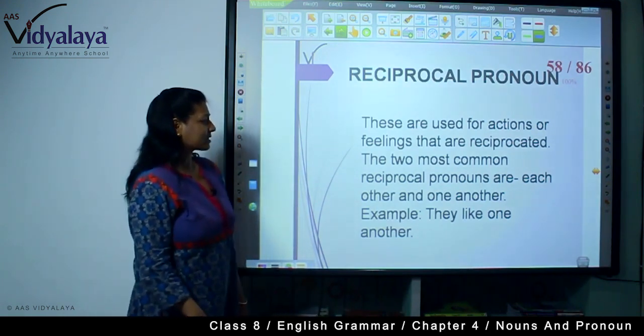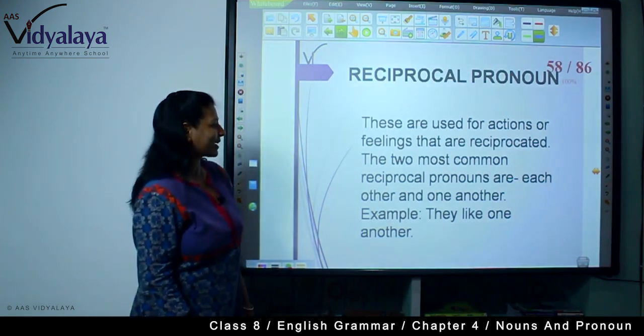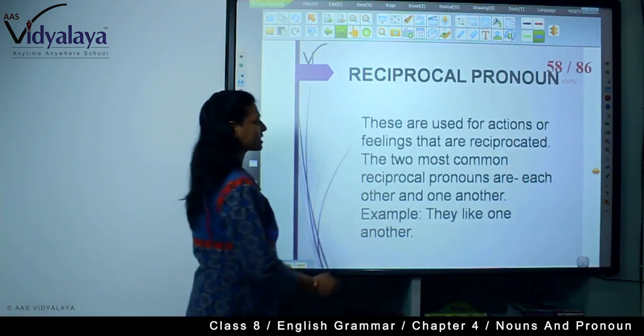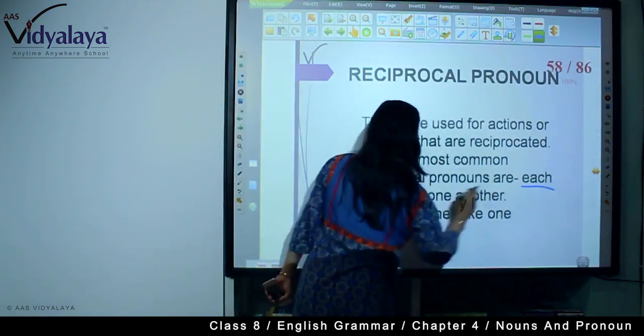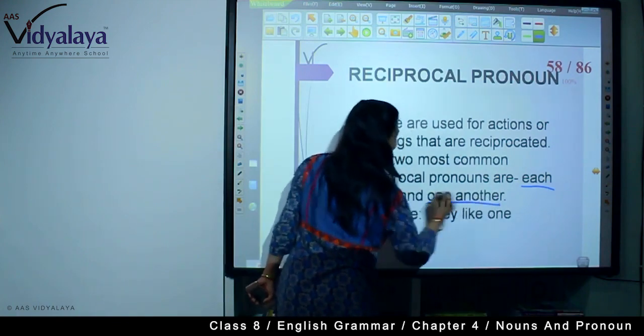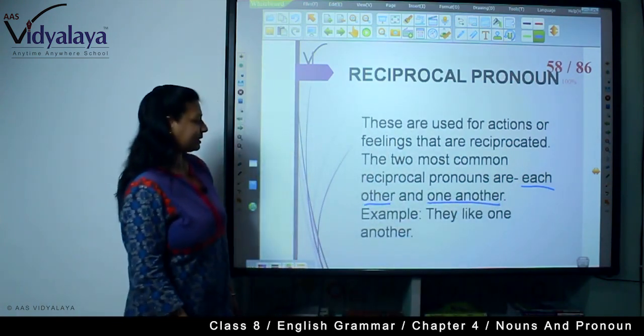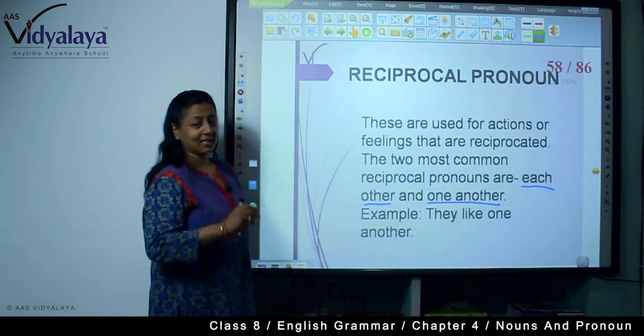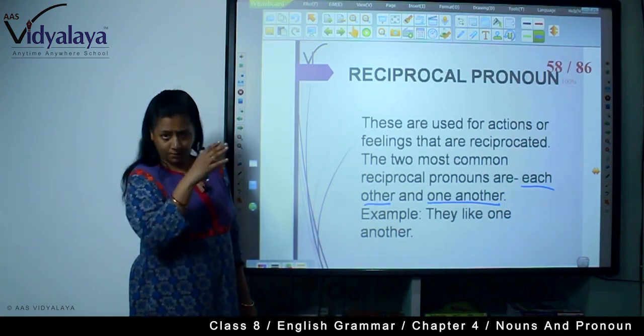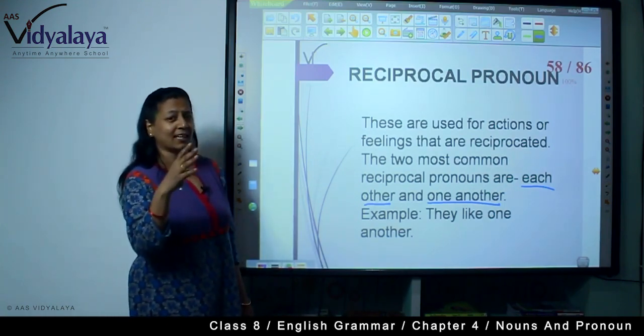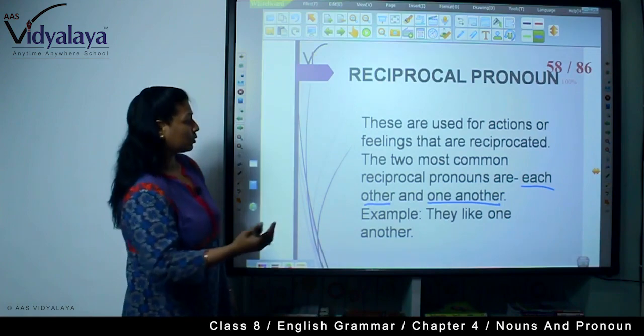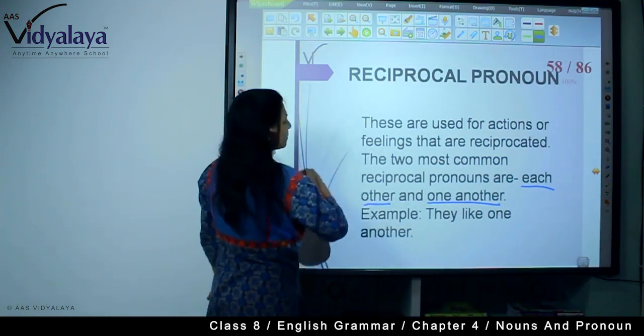These are used for actions or feelings that are reciprocated. The two most common reciprocal pronouns are each other and one another. Example, they like one another. Instead of saying proper nouns again and again, you can use these reciprocal pronouns.